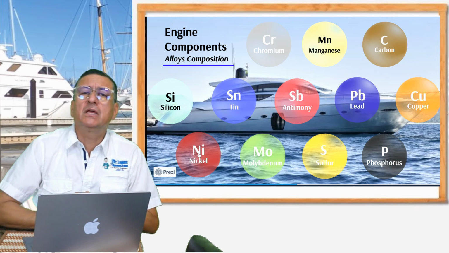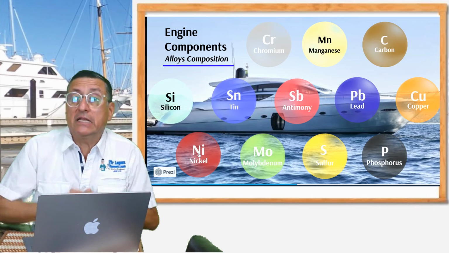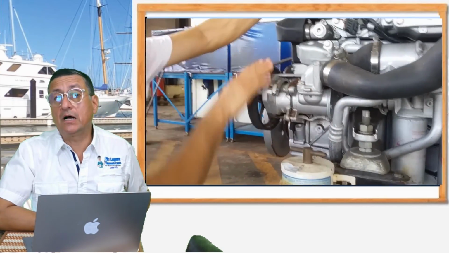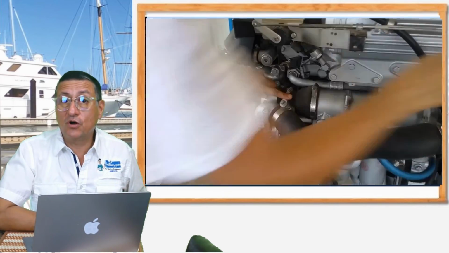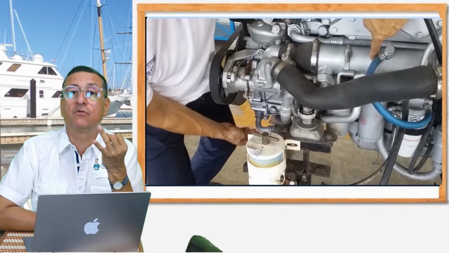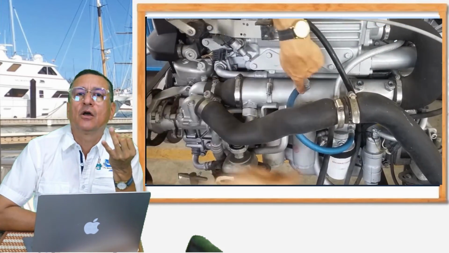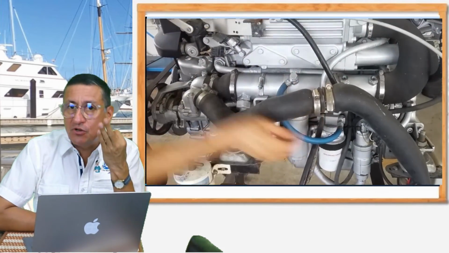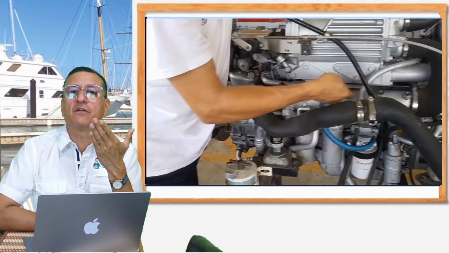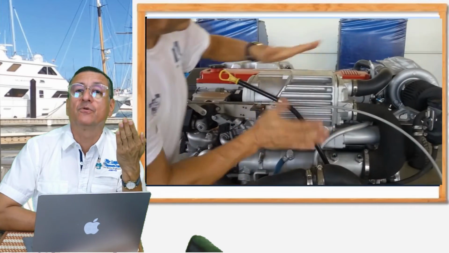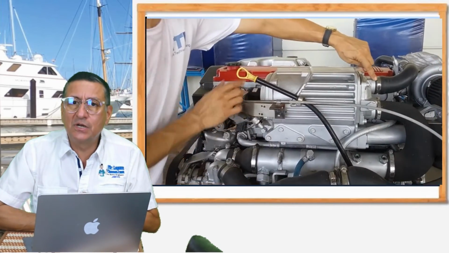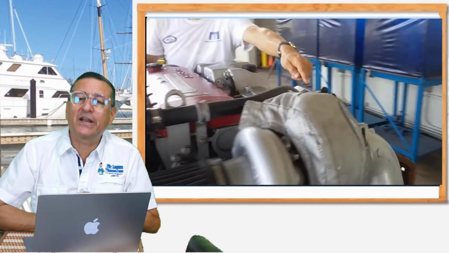Can you refresh me on the coolers that we have in a typical inboard diesel engine? We have the heat exchanger or cooler for coolant. That's number one. Another cooler for engine oil, correct? Another cooler for transmission oil. Another cooler for fuel. Another cooler for hydraulic oil, power steering fluid. Another cooler for air. What is the name of the air cooler? Intercooler, correct?